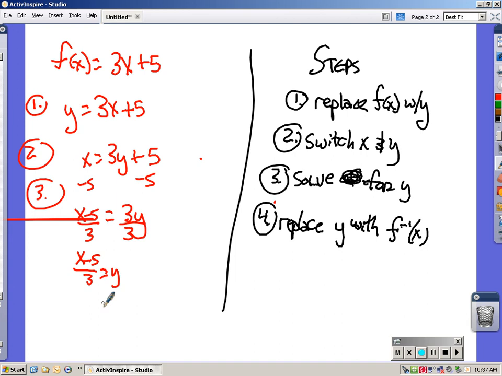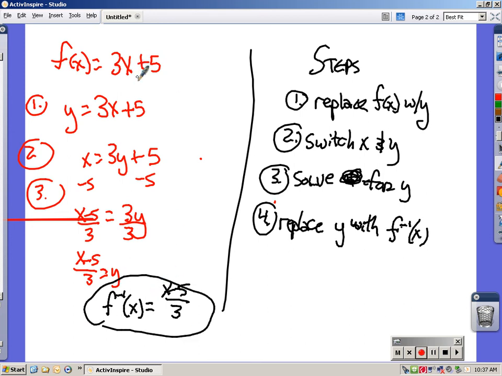So instead of y, this is going to say f inverse of x. That's like a -1 up there. And that's equal to, I'm just switching the order, x minus 5 over 3. So there's one example. Remember, the way that we check it is we plug this into that, make sure we get x. We plug that into this, make sure we get x.